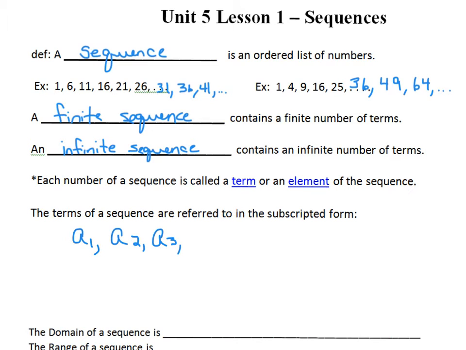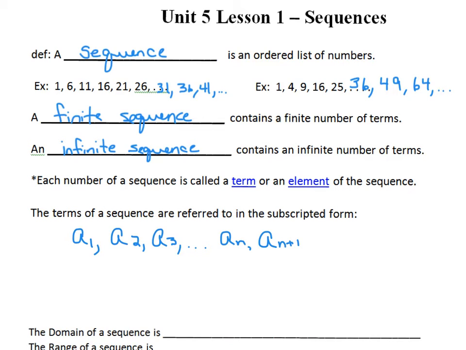If I want what is called the nth term of the sequence, then that just means if I count over n terms, no matter what n is, that's called the A sub n term. The one right after that would be the A sub n plus 1 term. So we're going to get pretty good at looking at these terms of a sequence in subscripted form.